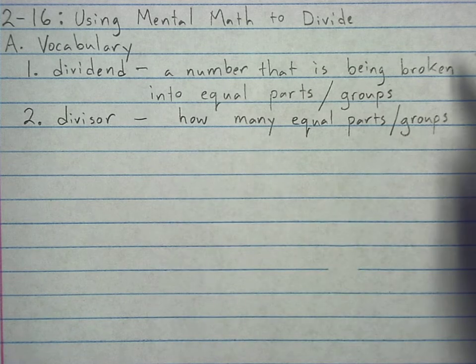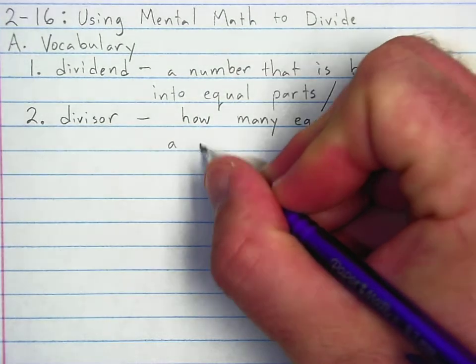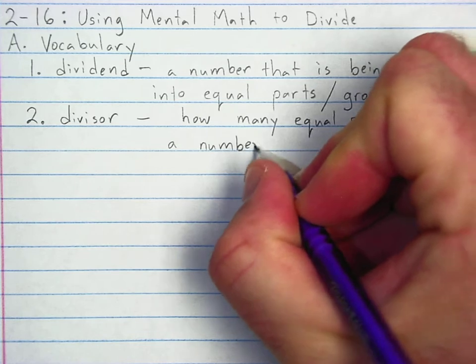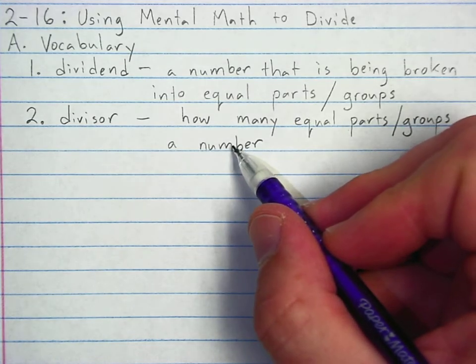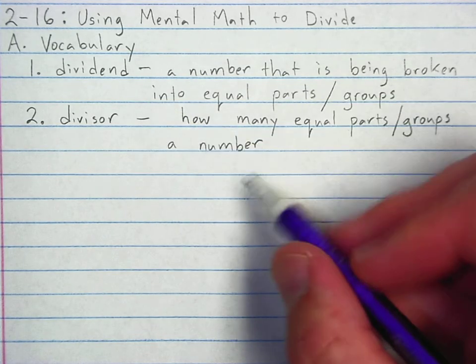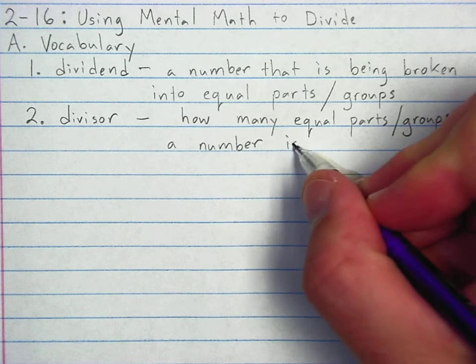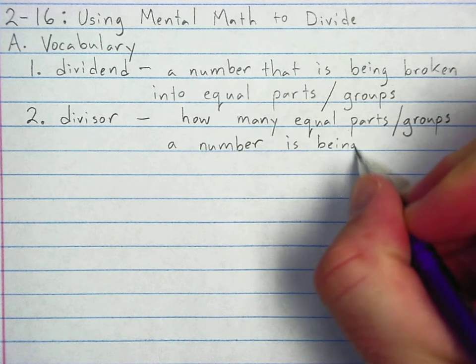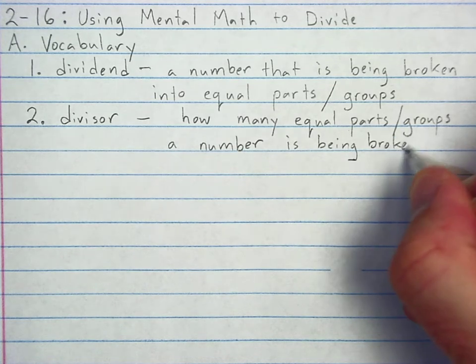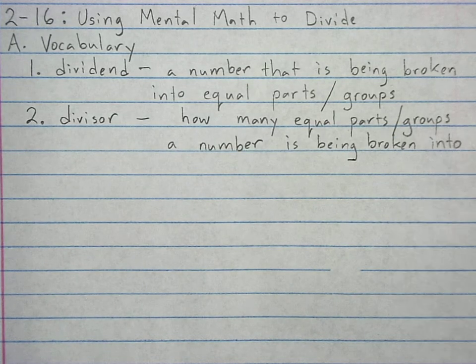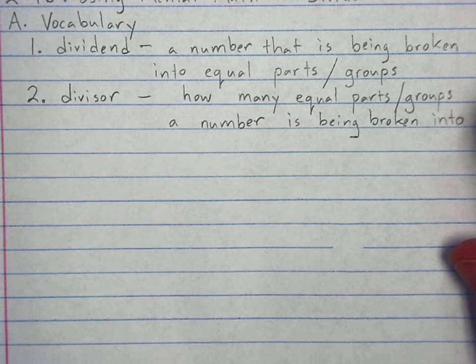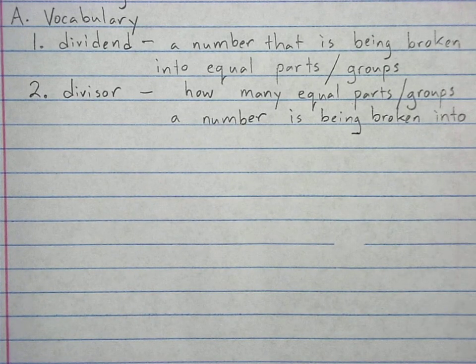How many equal parts or groups a number, the dividend, is being broken into. Okay. We'll do a few examples in a moment too so we can see those vocab words in action.